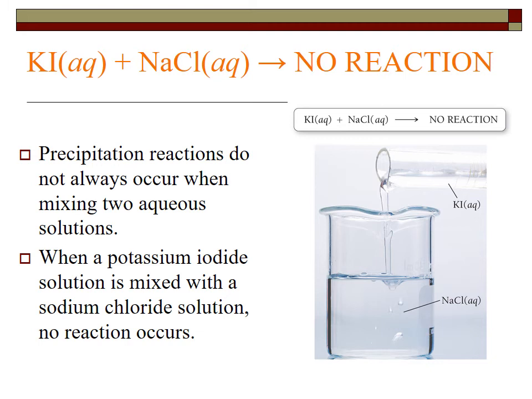I'm mixing that together. Now the reason that they don't form a solid is why? Look at both of my cations. I have both sodium and potassium. Those are both always soluble, so I don't expect to have a precipitation reaction when I see these two.